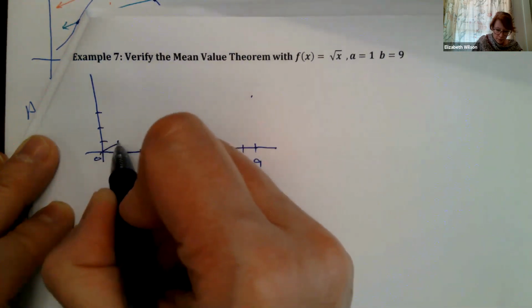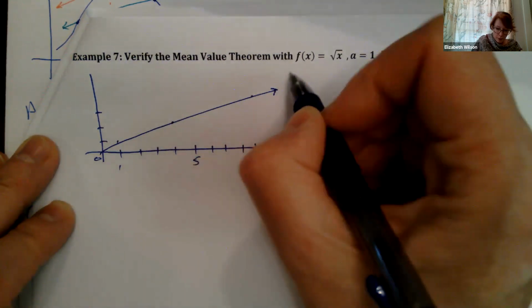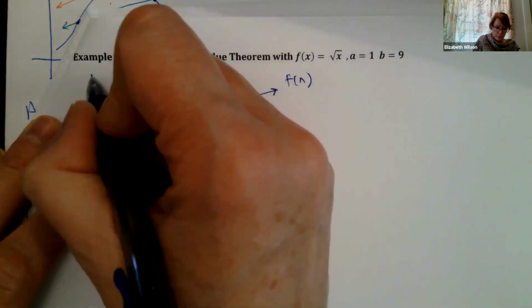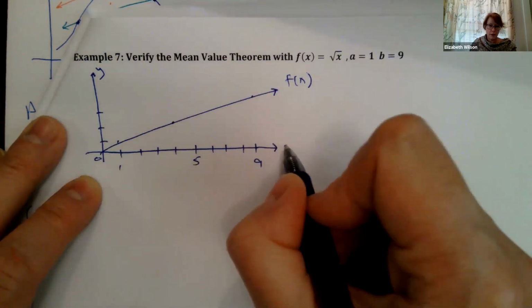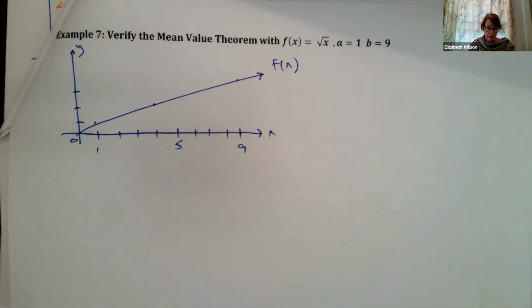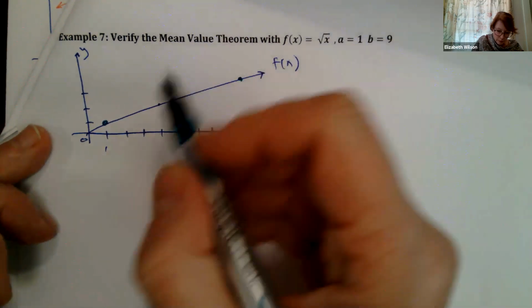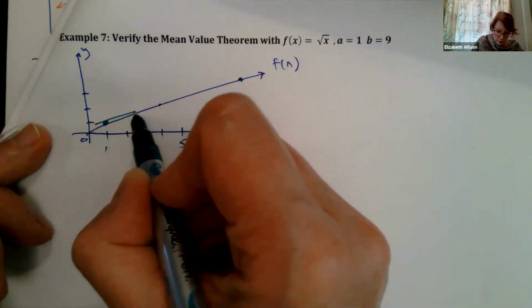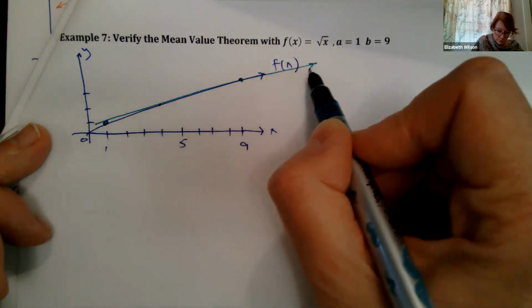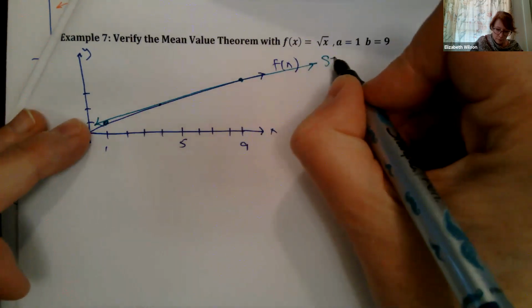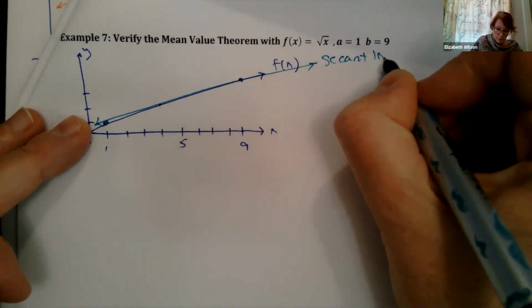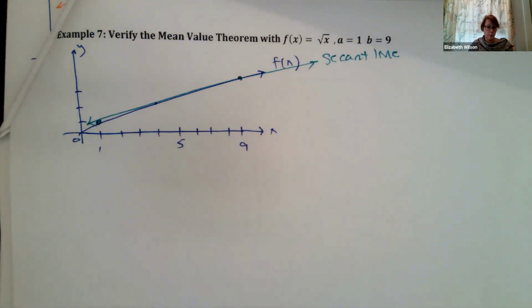I'm trying to come up with a graph here. Here's my f of x. Okay. So now we're looking at A equals 1, B equals 9. So I'm going to make a secant line from here to here. So I need to find out what that secant line slope is.